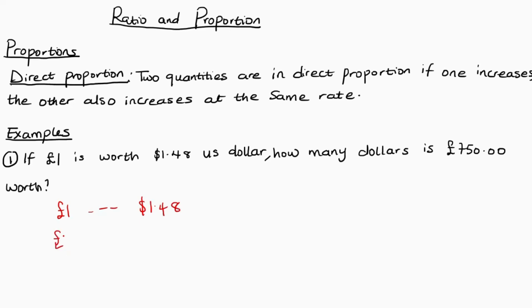So therefore, for 750 pounds, we need to multiply it by the worth of £1, which is 1.48, and multiplying this we are going to have 1,110 US dollars. So this is the amount that 750 pounds is worth in US dollars. That is how we can easily solve a question like this.